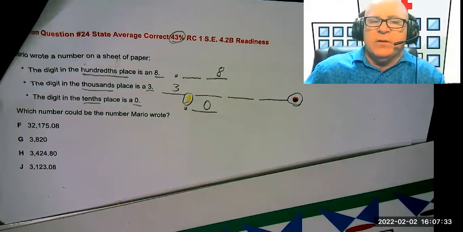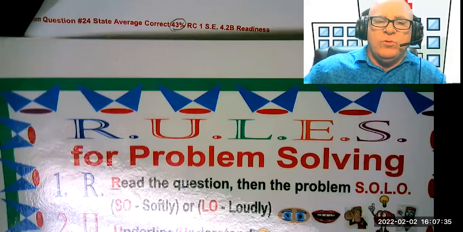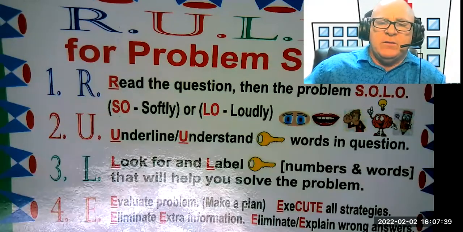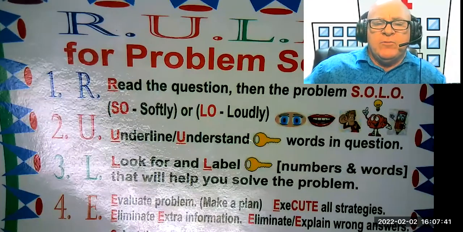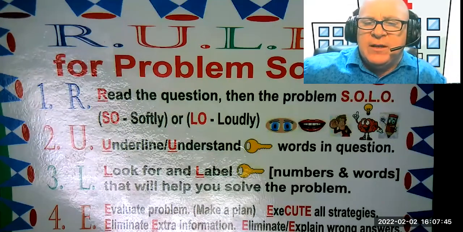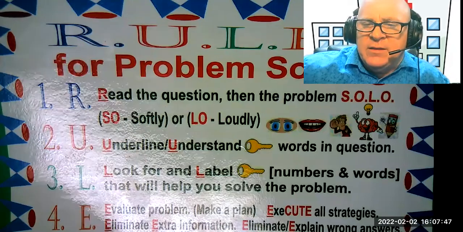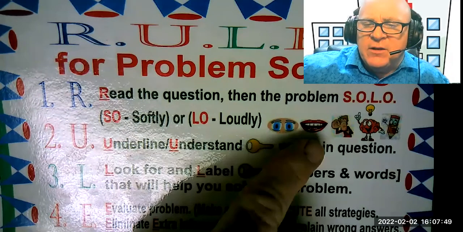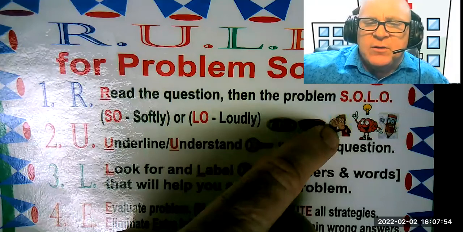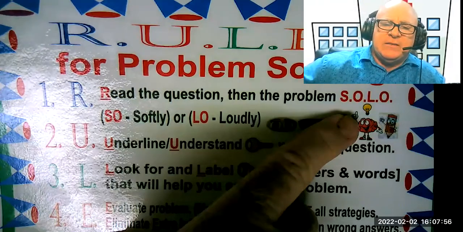Now, there's my rules for doing math where it does say solo. Either read it softly or loudly. And if you're not, you see that this guy has fingers, the brain has fingers, and the pencil has fingers. Make them do something kinesthetic.